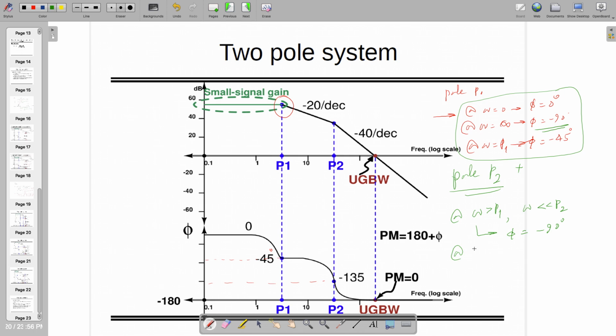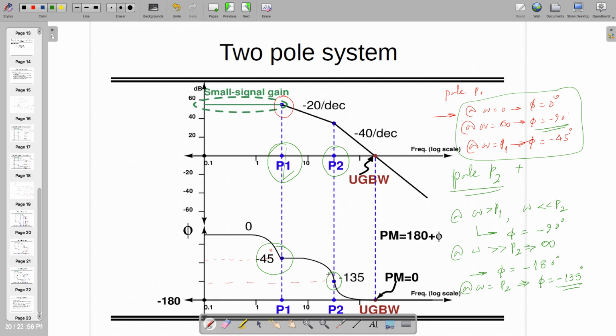Similarly, omega is much higher than P2, or at infinity, the phase contribution is minus 180 degree, taking into account minus 90 degree also. And at exactly equal to P2, the phase contribution is minus 45, plus it has to be taken into account the previous minus 90 degree coming from the omega equal to infinity, so it's going to be equal to minus 135 degree. So adding all these, you can see that at pole P1 the contribution is minus 45 degree, at pole P2 the contribution is minus 135 degree.